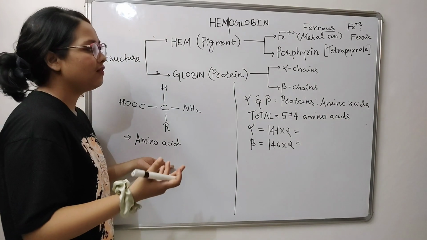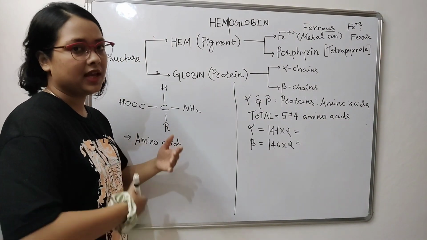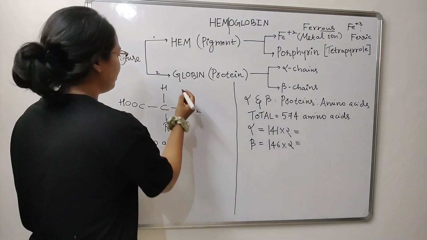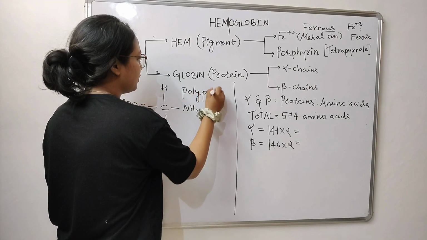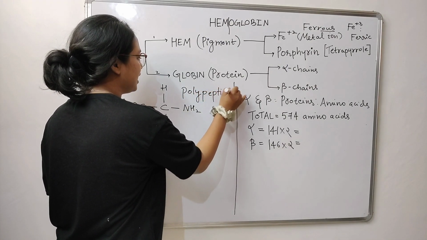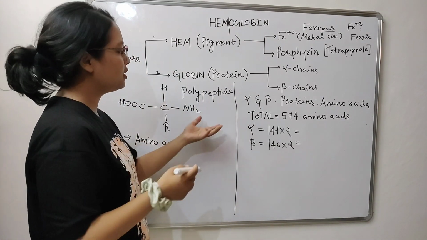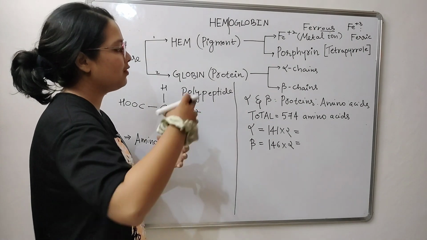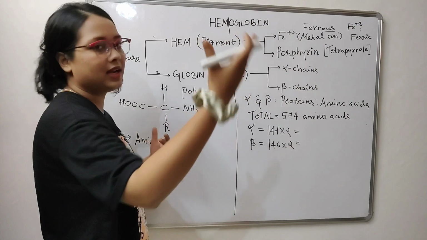When you have a large number of amino acids clubbing together to give you a protein chain, we call that a polypeptide, right? Because these amino acids are linked through a peptide bond, and a chain of amino acids is known as a polypeptide chain. So we have these two alpha chains and two beta chains: alpha 1, alpha 2, and beta 1 and beta 2.